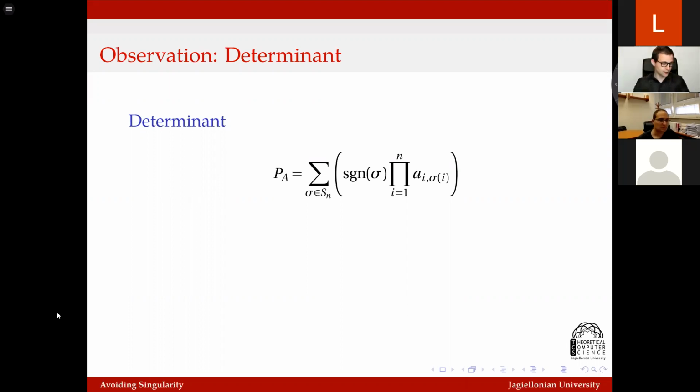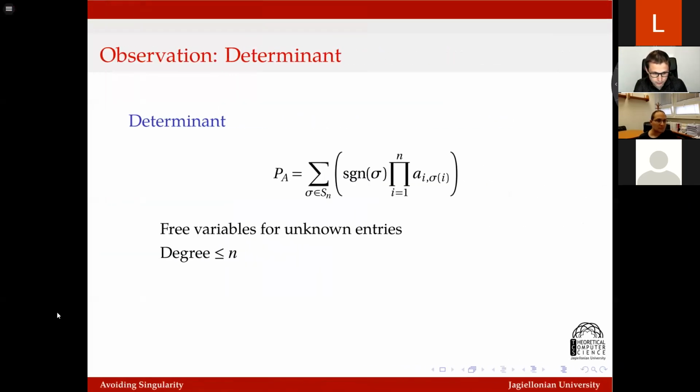So the first observation is that, well, if we are interested in singularity, we have this tool which is called the determinant, and it's a polynomial, and it's zero when a matrix is singular and non-zero if it is not. And we can use this determinant polynomial where we have three variables for unknown entries, and those fixed entries are just plugged into the determinant.